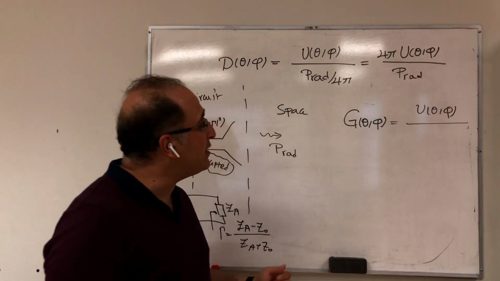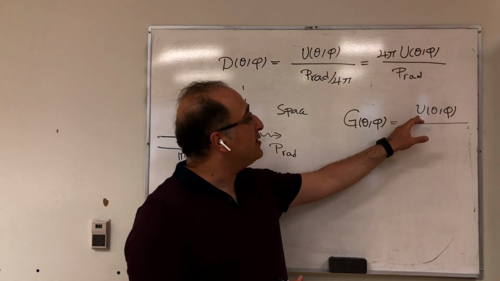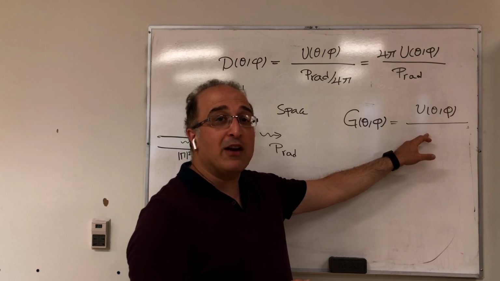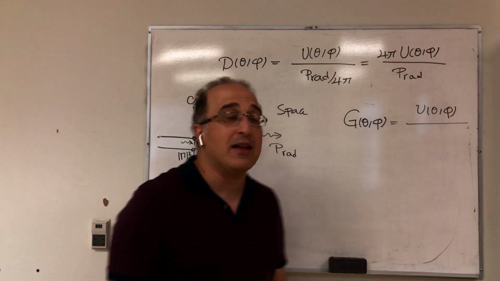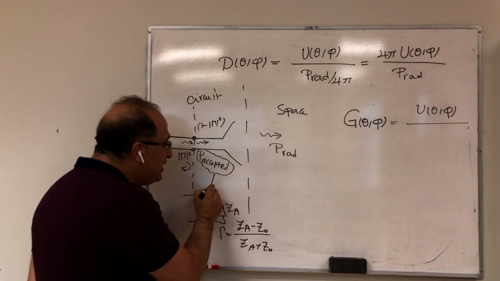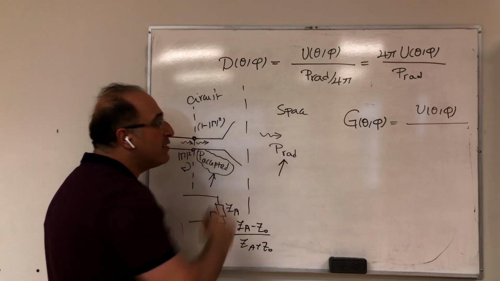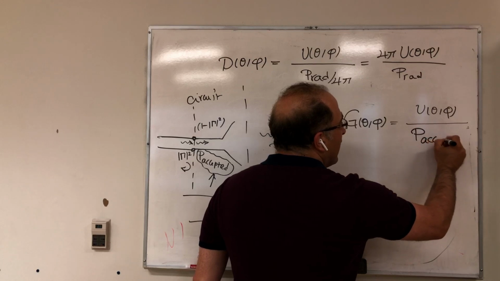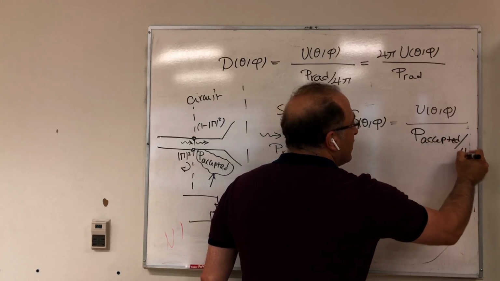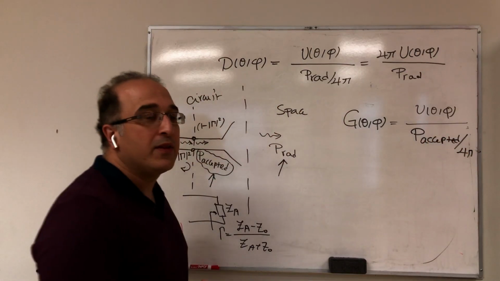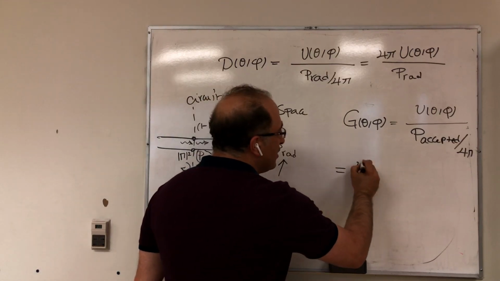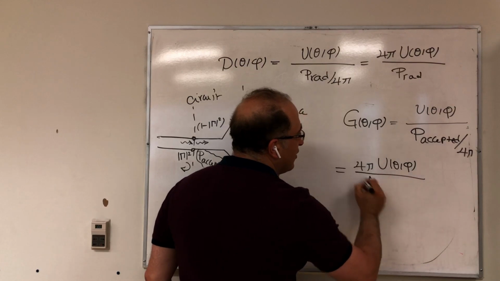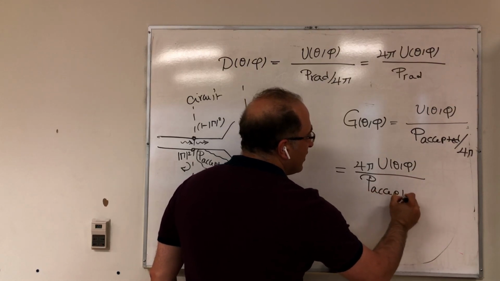So let me repeat that. You're going to say radiation intensity of your antenna divided by radiation intensity of an isotropic source, assuming that total power is P accepted, not P radiated. Then you're going to write P accepted divided by 4π, and that's going to be 4π U(θ,φ) divided by P accepted.